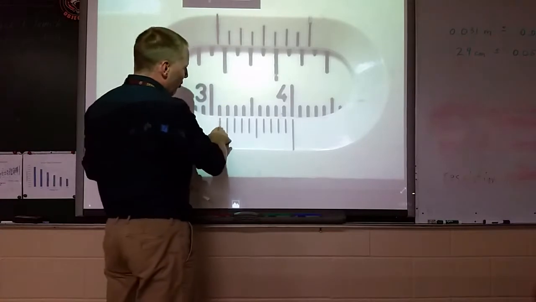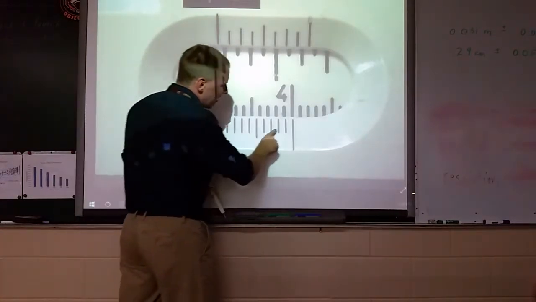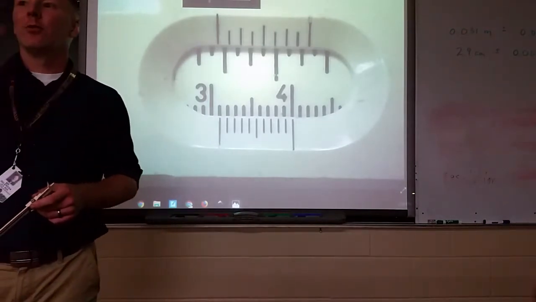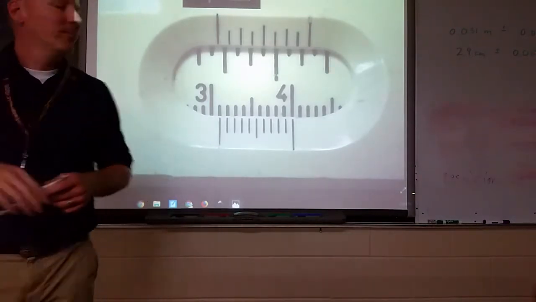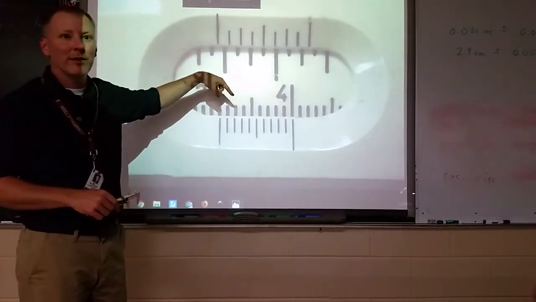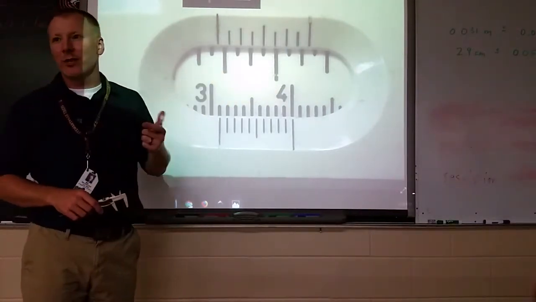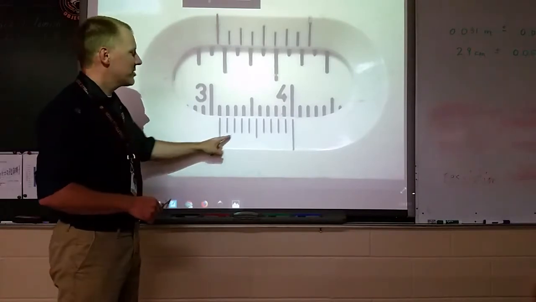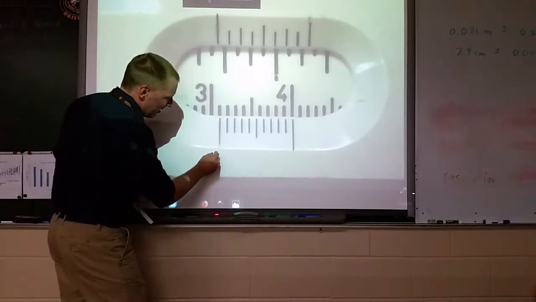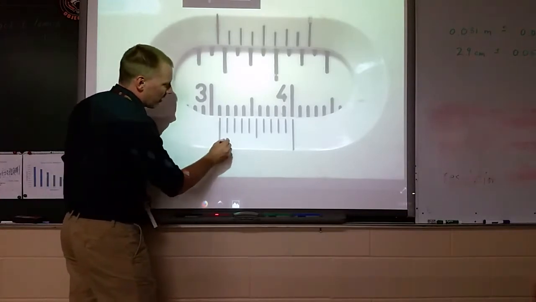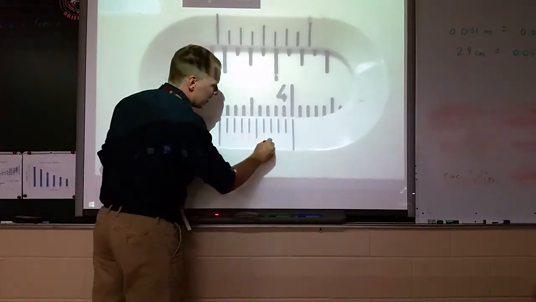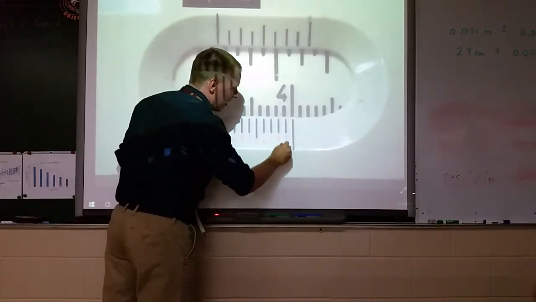So the way we do that is one of these lines is going to line up very well with a line above it. We actually don't care which line above it, it does line up with. Our final digit, which will be in the hundredths of centimeters, comes from which line down here lines up. Let's see if I can write on this. Here is my 0 line, my 1 line, 2, 3, 4, 5, 6, 7, 8, 9, and 10.